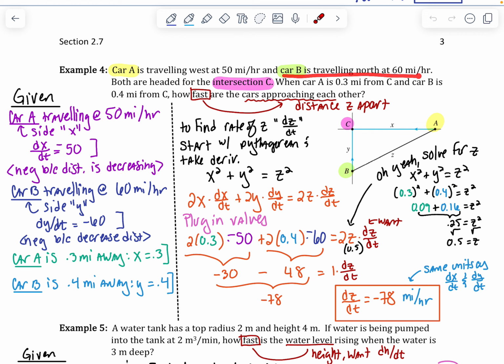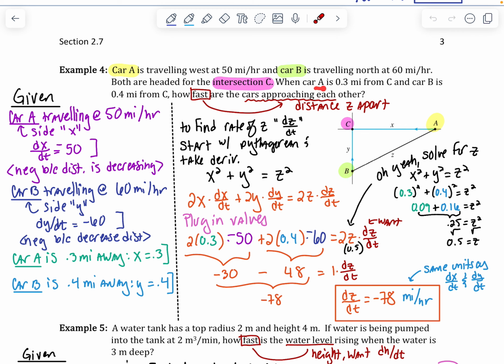Same thing as we continue, car B is headed north at 60 miles per hour. So although car B is represented by distance y, it's traveling, which is a rate problem, and our units are in rates. So it's not y that's 60, but it's dy/dt, and it's a negative 60, again, because the distance is decreasing.